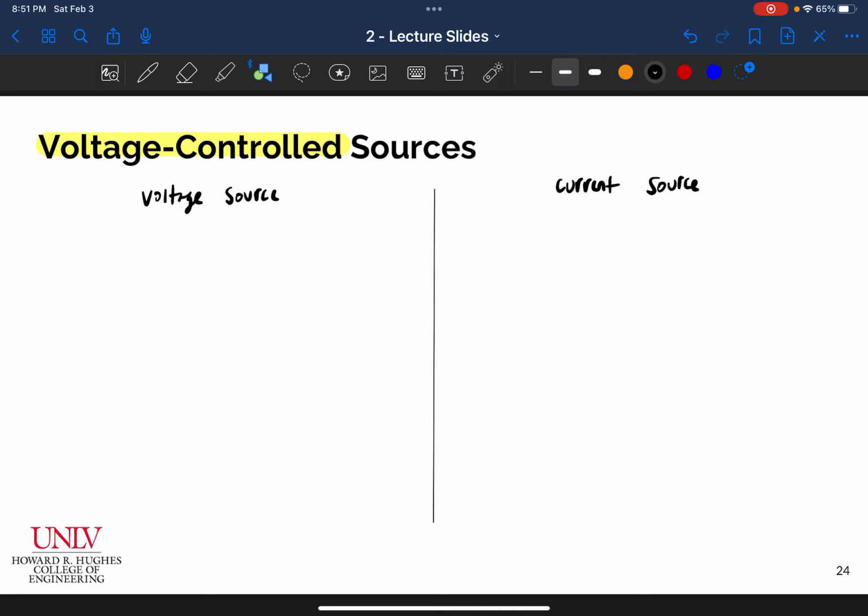Okay, it's actually pretty easy. It might seem a little scary that we're introducing a new component, but I promise you it's pretty straightforward. The voltage controlled voltage source looks just like a regular voltage source, except it has a plus and a minus input.